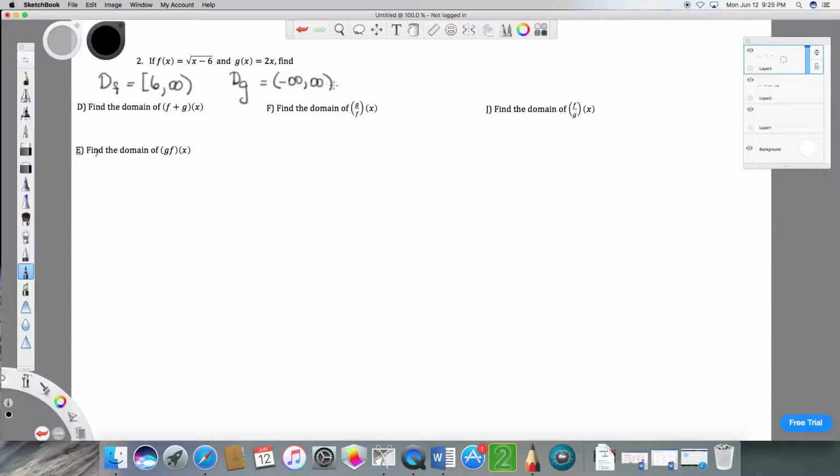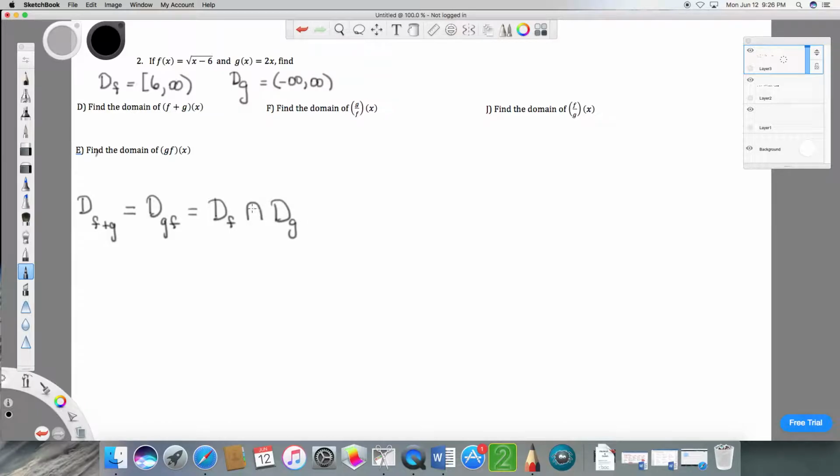Now, when we intersect these two sets, to be in the intersection, you have to be in both sets. So the domain for f plus g, like we said before, is going to equal the domain of g times f because we intersect the domain of f with the domain of g.